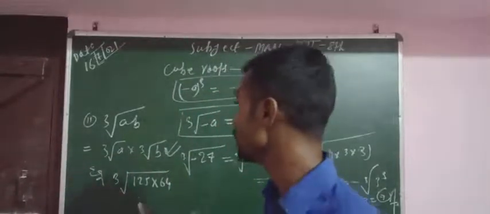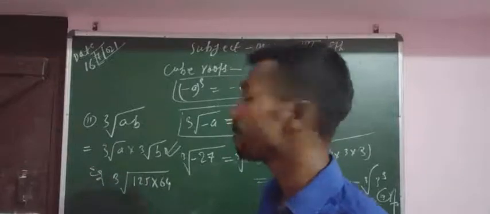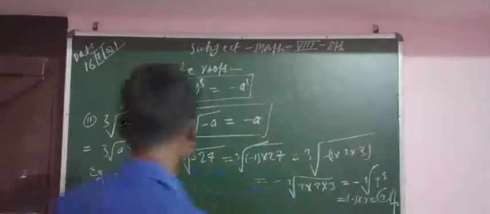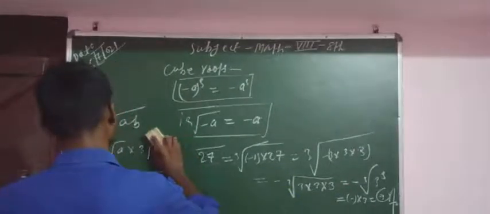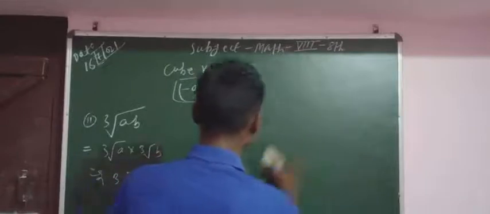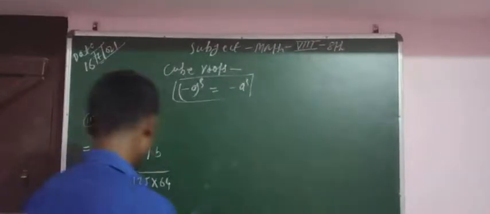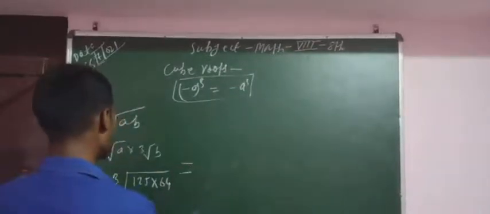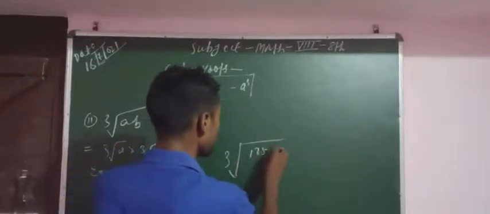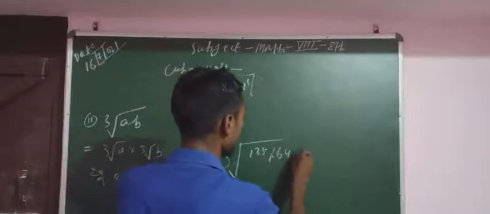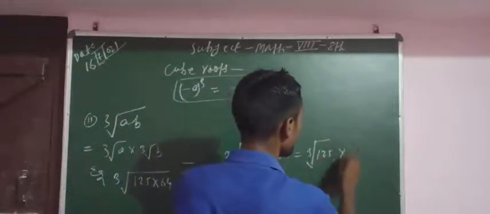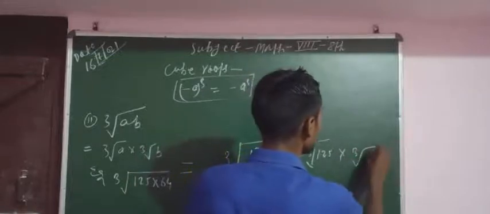The cube root under 125 into 64 will be equal to cube root 125 into cube root 64.